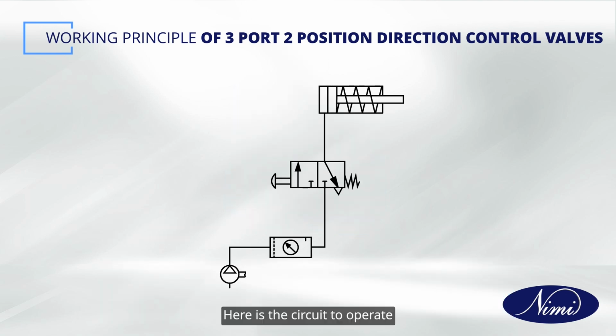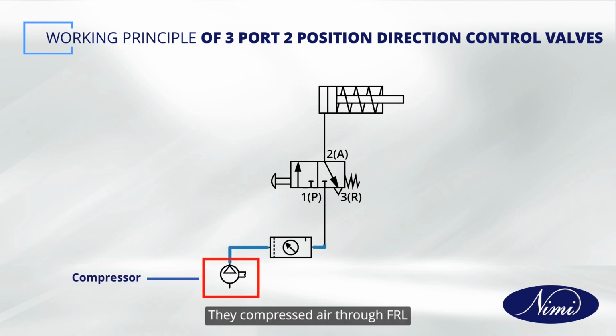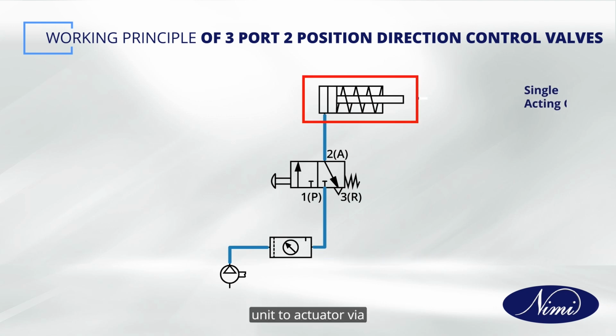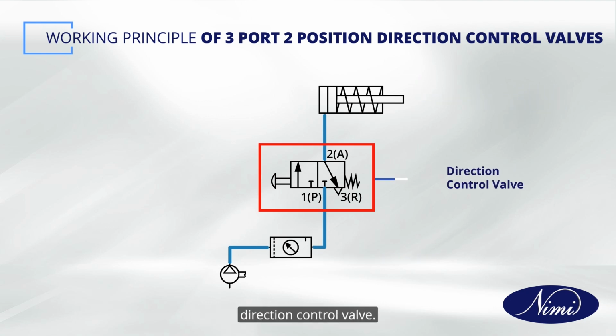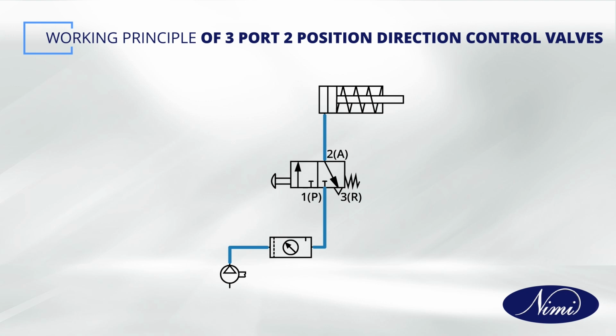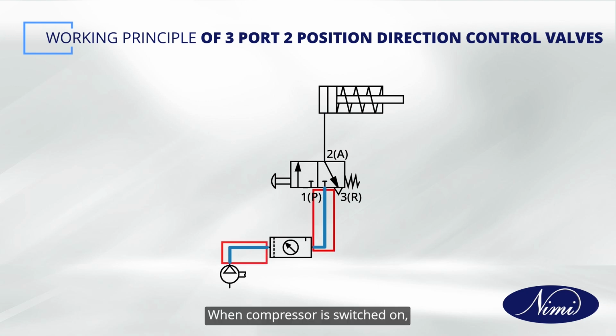Here is the circuit to operate single acting cylinder with ports marked P, A, R. The compressor sends the compressed air through FRL unit to actuator via direction control valve. When compressor is switched on, compressed air is available up to input port 1.